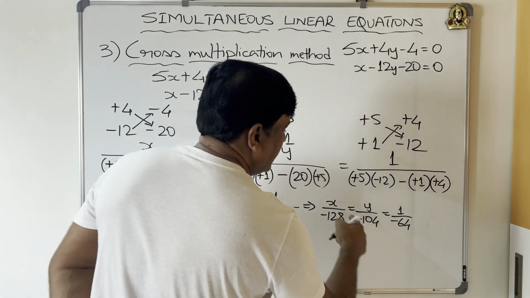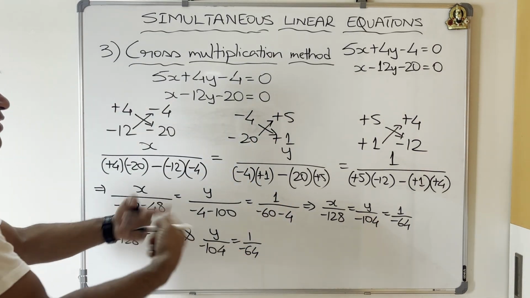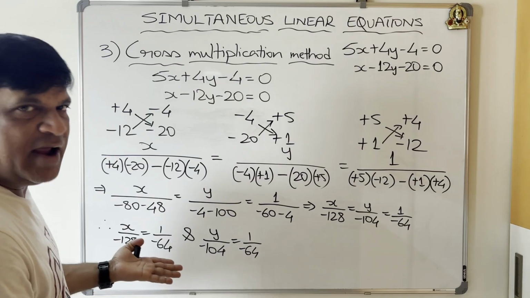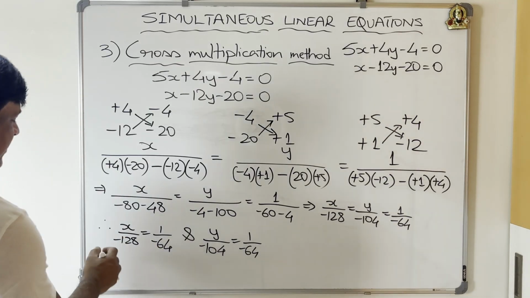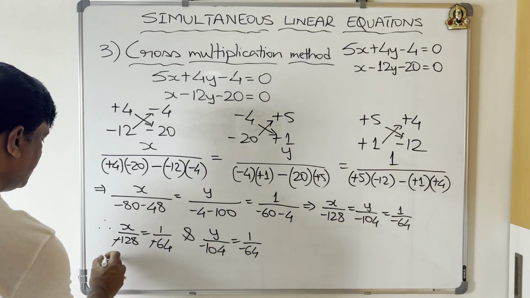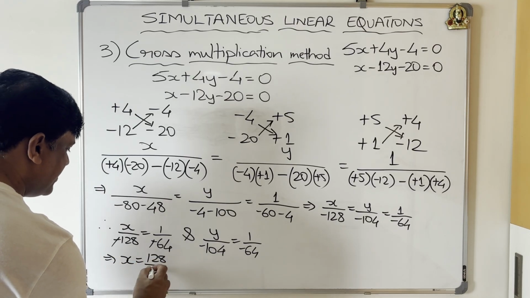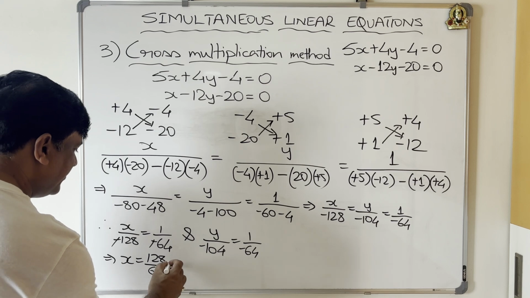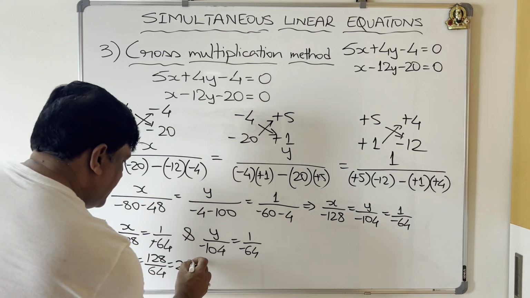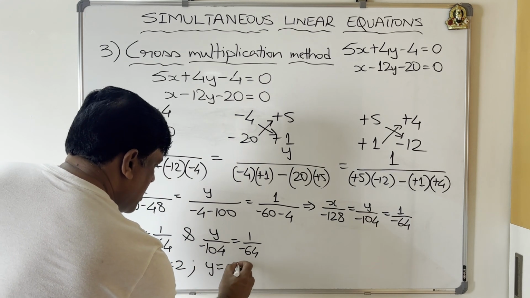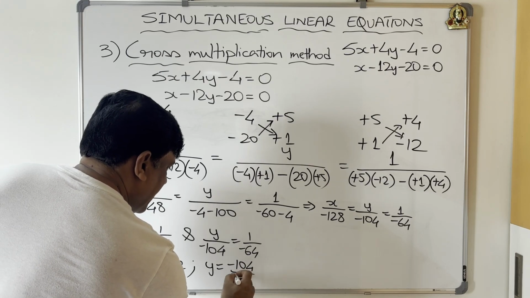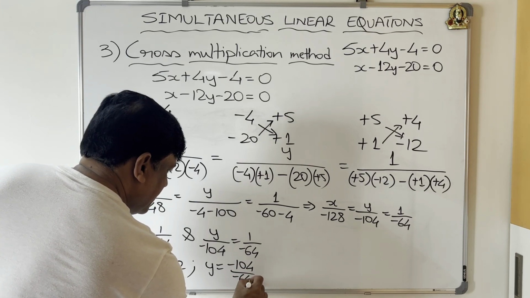Since all three are equal to each other, you can equate it as you want. It doesn't matter. Okay. So now what happens? This minus minus gets cancelled. So you get x is equal to 128 divided by 64, which is equal to 2, and y is equal to minus 104 divided by minus 64.